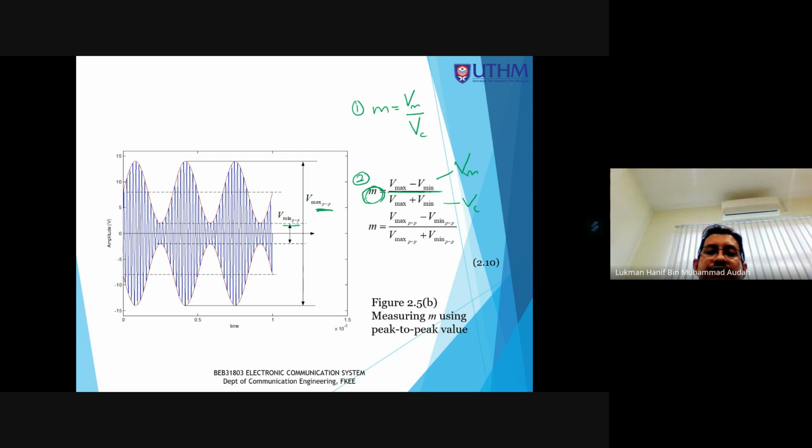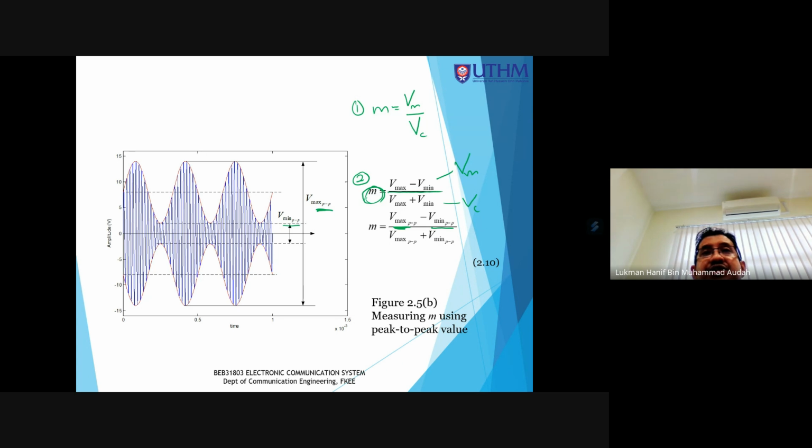If you're using peak-to-peak, you have to change this into peak-to-peak values. That means M equals Vmax peak-to-peak minus Vmin peak-to-peak, divided by Vmax peak-to-peak plus Vmin peak-to-peak. So this is the modulation index.